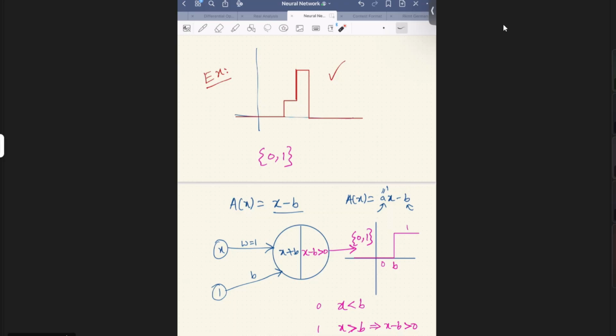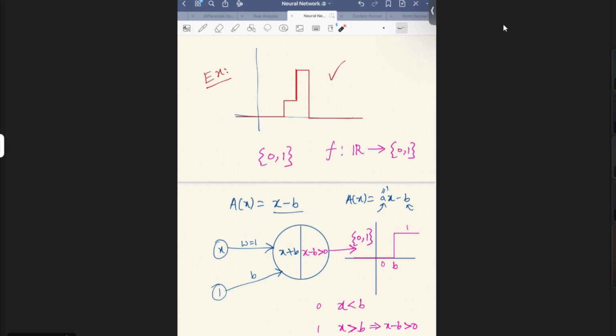We are not producing any kind of function relationship, just using a simple binary function 0 comma 1 from the real. That means f is a function from R to {0, 1}. No matter whatever x you provide, you will always get a signal: below b it is 0 and above b it is 1.